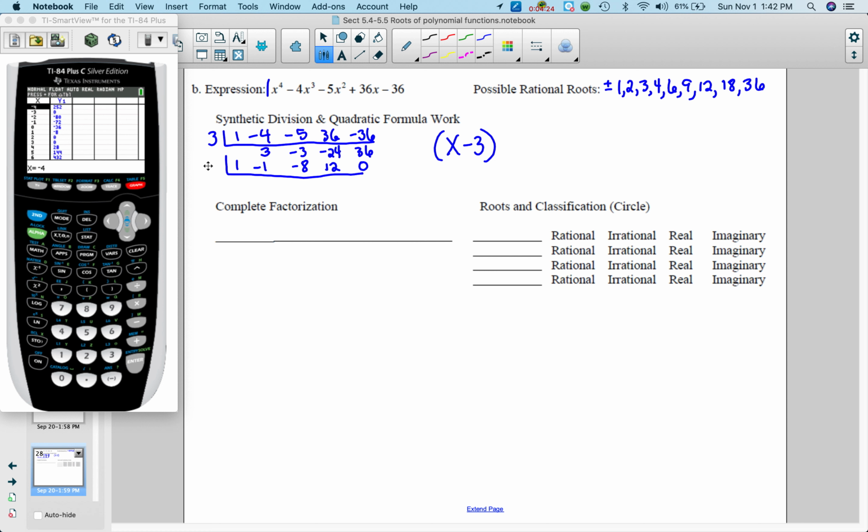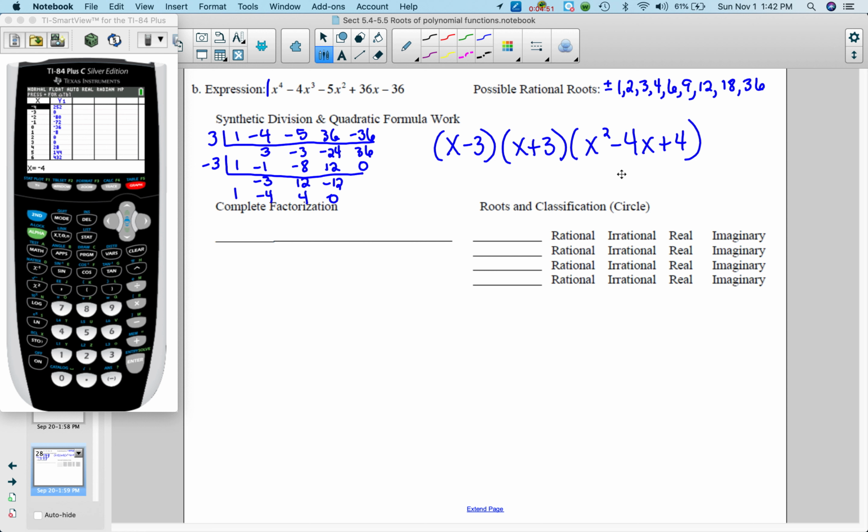So we already know -3 works using our calculator. And this is what I have left. So we know that x plus 3 also works, and I'm left with x squared minus 4x plus 4, which I think is factorable.